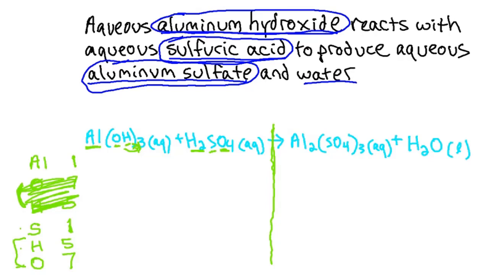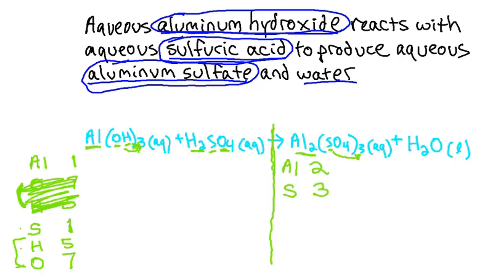So now we're going to go over to the other side of this green line, and we're going to have aluminum. How many aluminums are there? Well, there's 2 aluminums. And then how many sulfurs are there? Well, there's 1 sulfur in the parentheses, but you have to multiply that by the 3 outside of the parentheses, so that's 3 sulfurs.